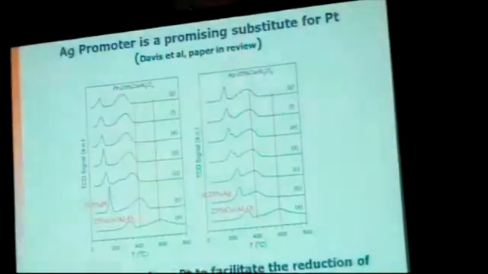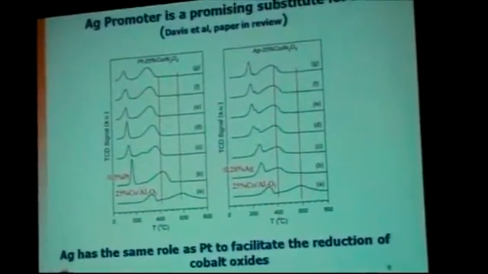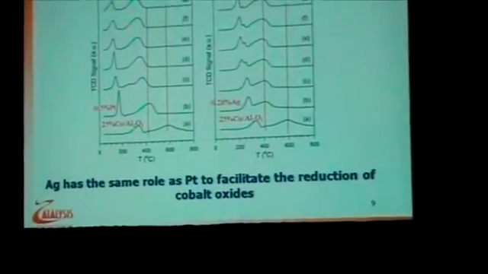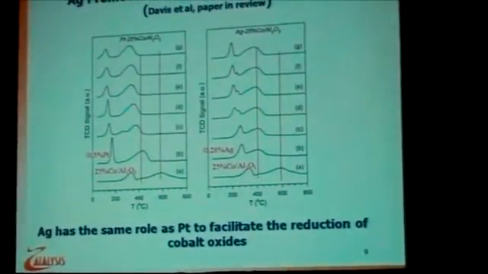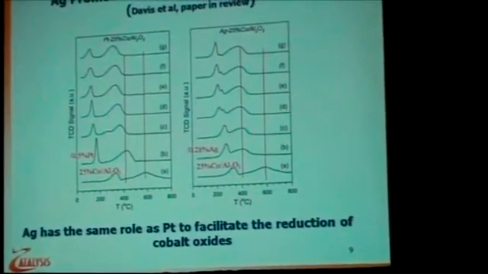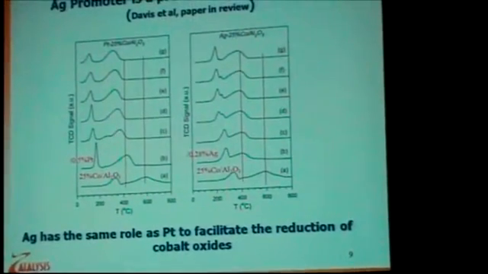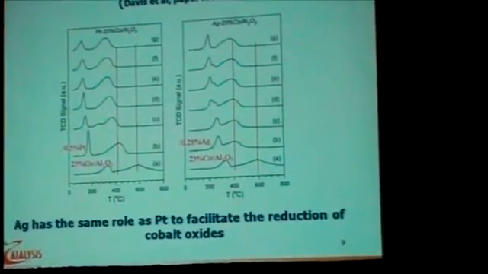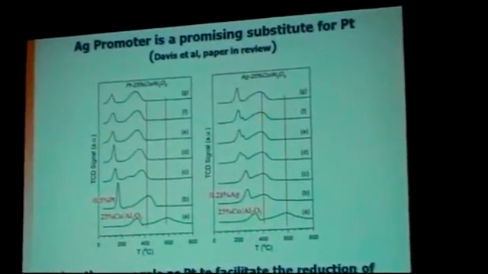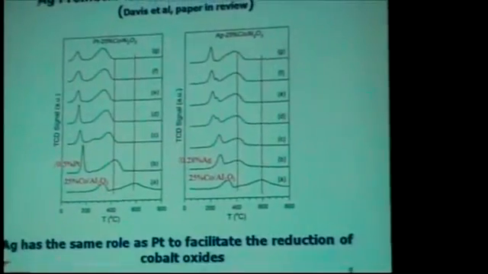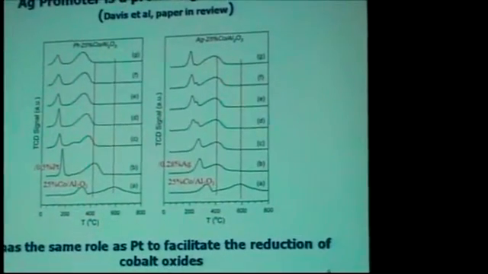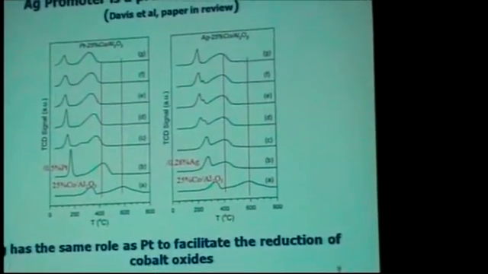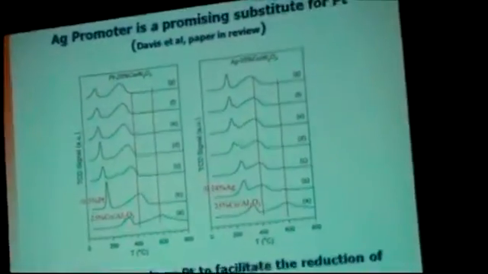So CAER research is trying to look for an economic substitute for platinum, and silver is a promising one. And this is the TPR pattern for platinum-cobalt and silver-cobalt, shown on the left and right. What we can find is silver has the same role as platinum in reducing the reduction temperature of cobalt oxide by almost 100 C.